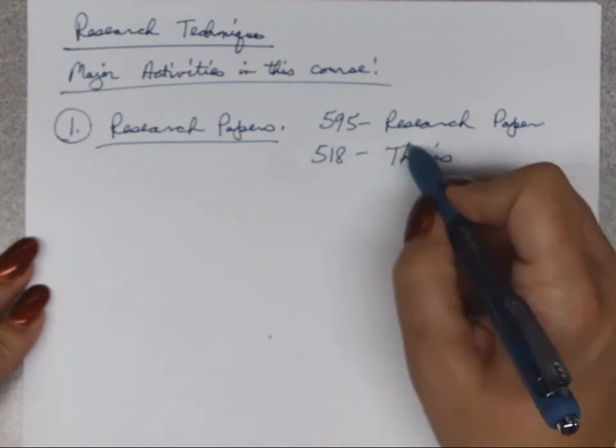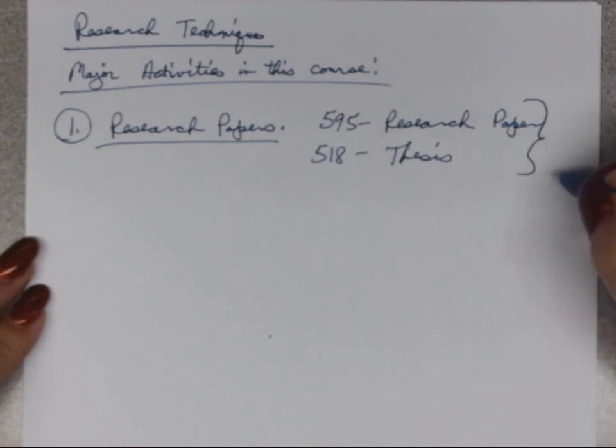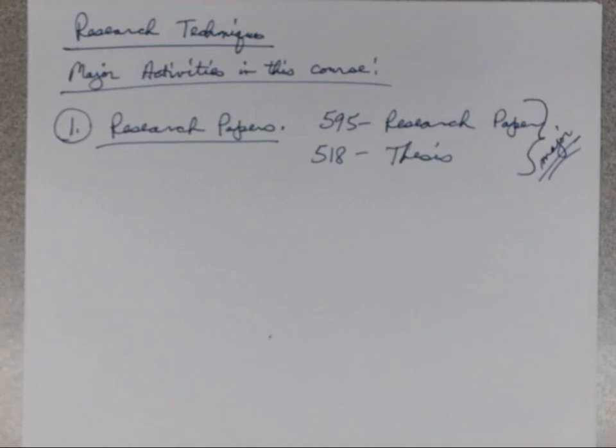Which route you take in your program, in your major, will determine how many courses you have to take, and sometimes what those courses are changes depending on whether you take the research route or the non-research route. That's what they call it, thesis or non-thesis, that kind of thing.